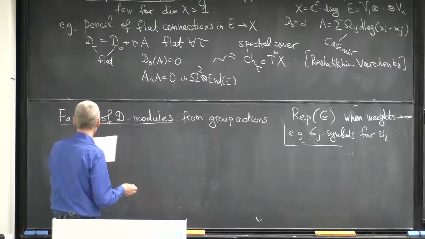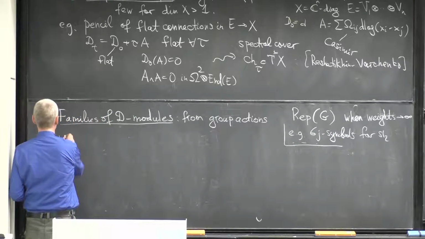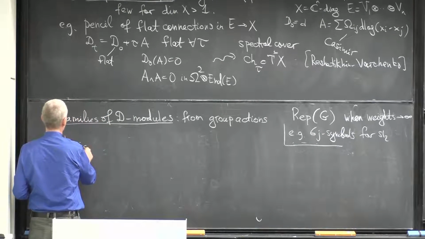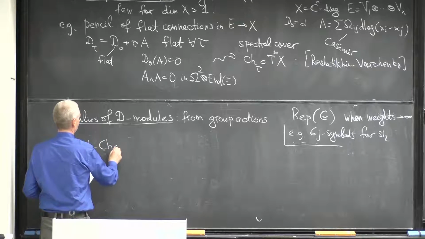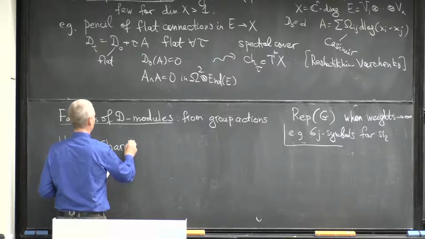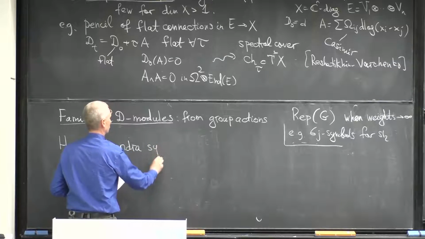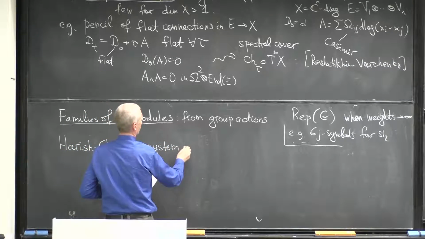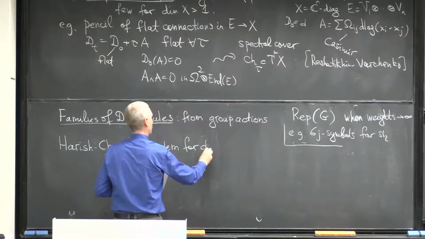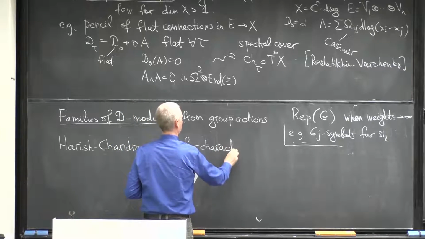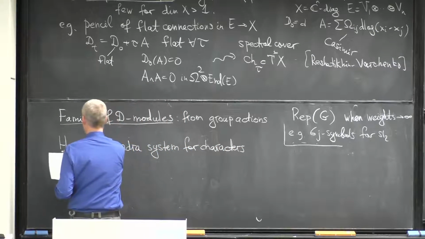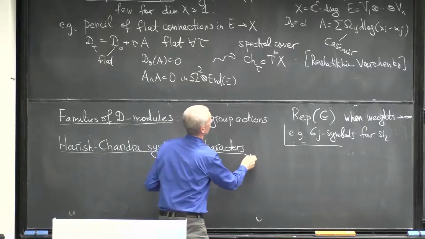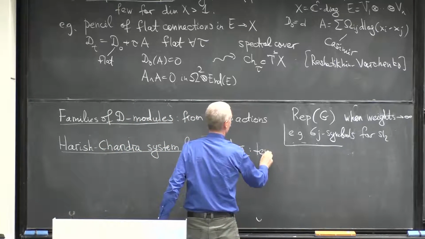It is, again, very elementary. The first example would be the Harish-Chandra system for characters. This would lead to terminating WKB.